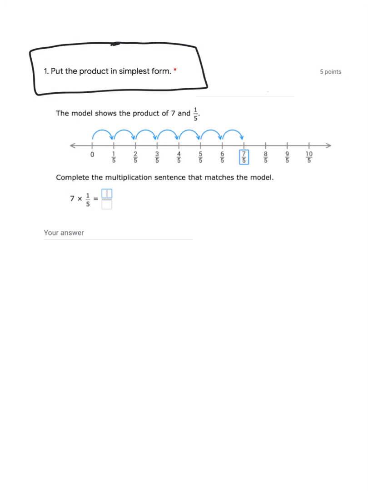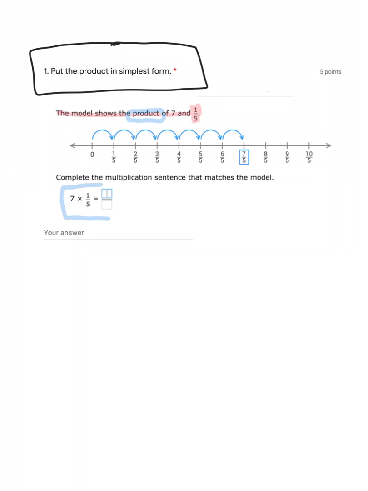Okay, the directions tell us that the model shows the product of 7 and 1/5. When we see the word product, we should immediately think of the answer to a multiplication expression. So down here they show us that 7 times 1/5 equals, and then they have two blank spots for you.